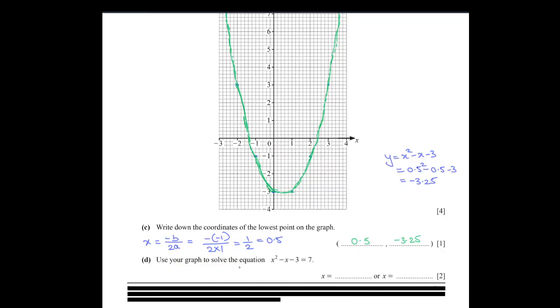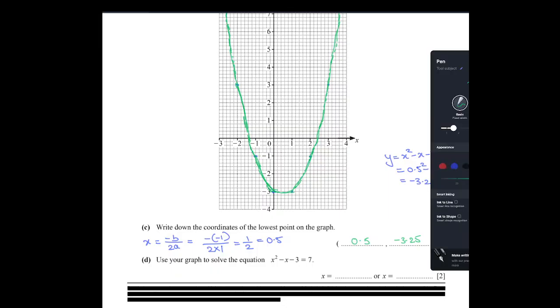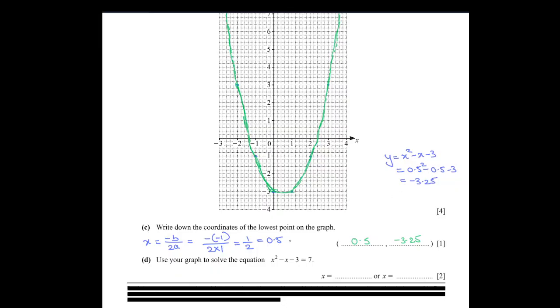Now D. Use your graph to solve the equation x square minus x minus 3 is equal to 7. Take these two equations, y is equal to x square minus x minus 3 and 7 is equal to x square minus x minus 3.